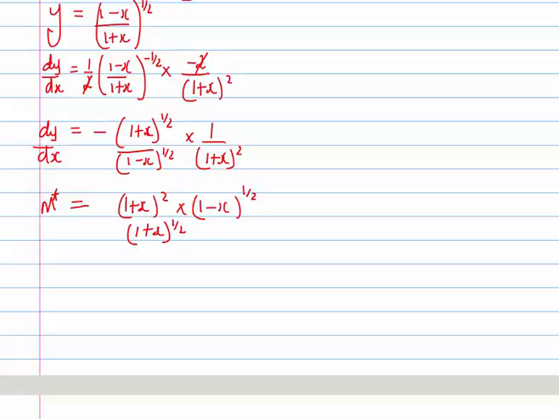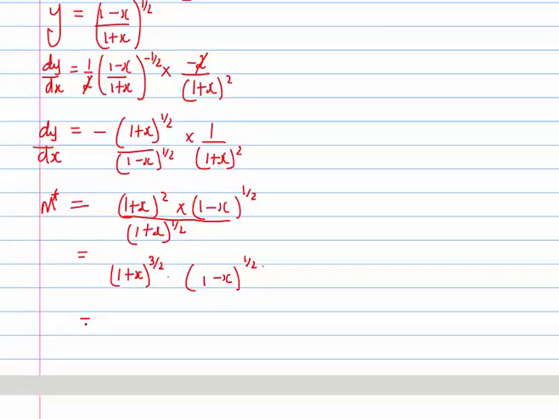I could have simplified this earlier in this question, but I chose not to, which is fine. So if you simplify this now, these two here have the same base. What do you do to the powers? If they're dividing, you subtract the powers. So this becomes 1 plus x to the power of 1 and a half, which is just 3 over 2, multiplied by 1 minus x to the power of a half.